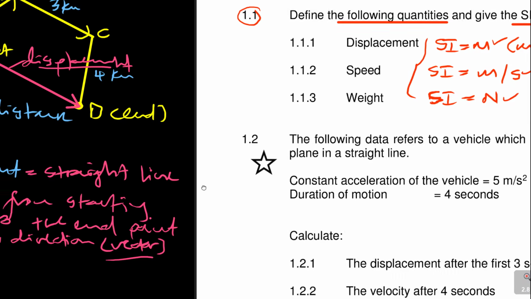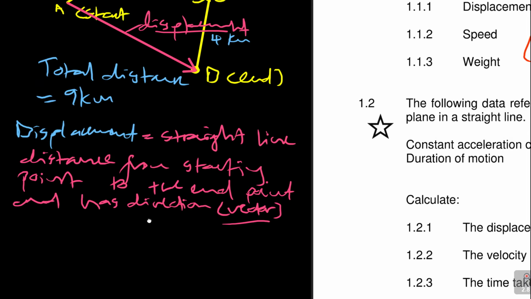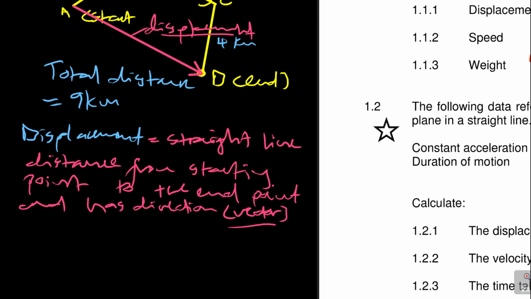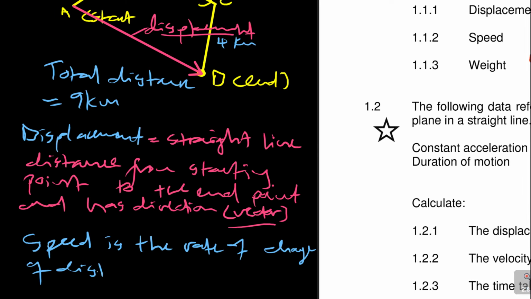What about speed? What's the definition of speed? You need to know such definitions, guys. Speed, what is it? Speed is the rate of change of distance, and has magnitude only.